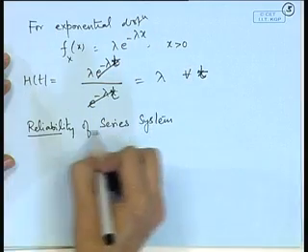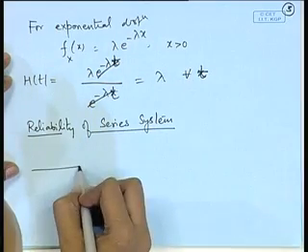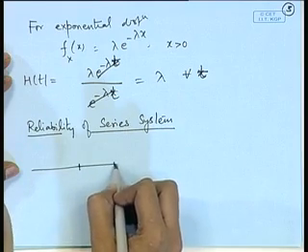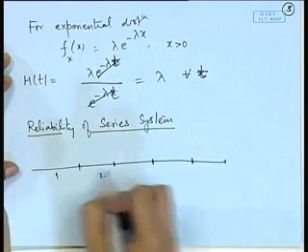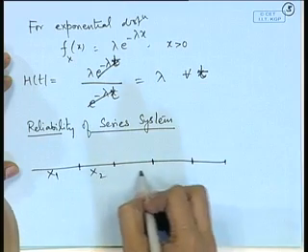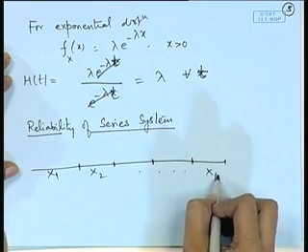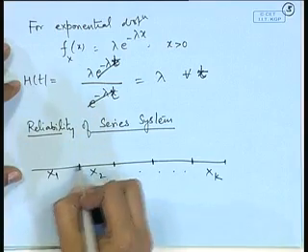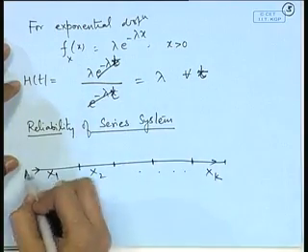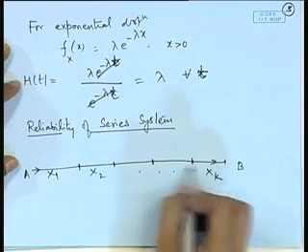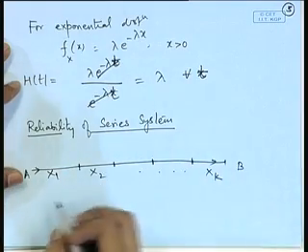Let us consider the reliability of a series system. So, suppose we have say k components with lives x1, x2, xk, and they are connected in series. That means the entire system will work if and only if all the components are working.